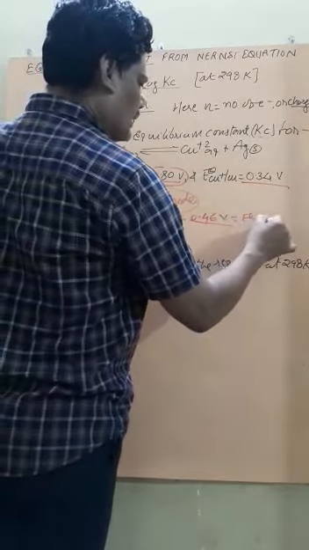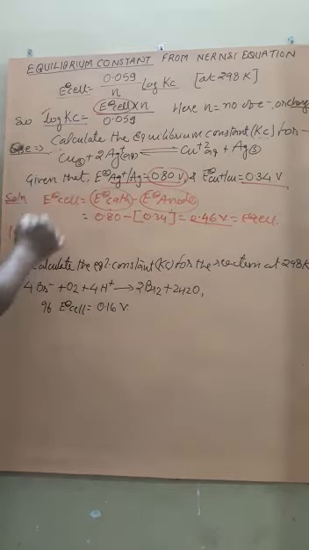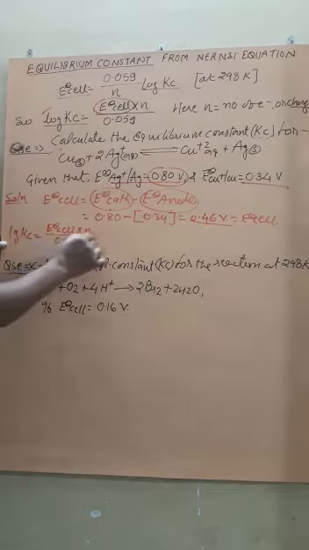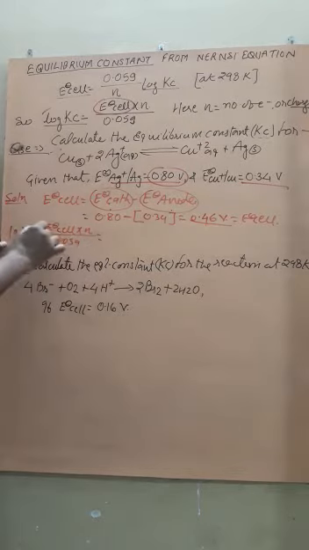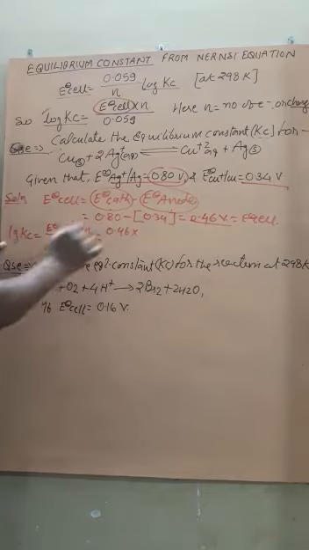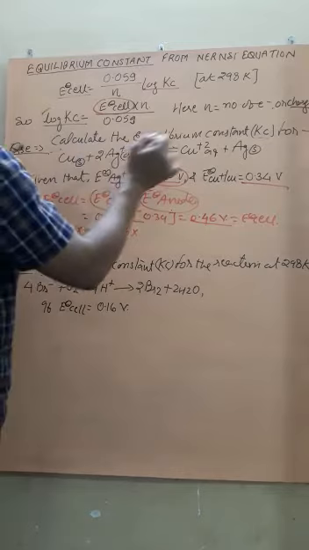This is the value of E standard cell. Now to find log Kc, you can write log Kc is equal to E standard cell multiplied by n divided by 0.059. E standard cell we already got here, 0.46, multiplied by the number of electrons, that is n. So how many electrons are there?